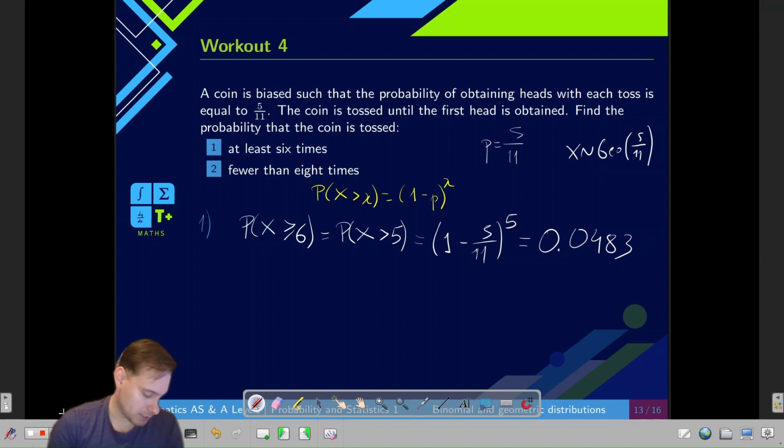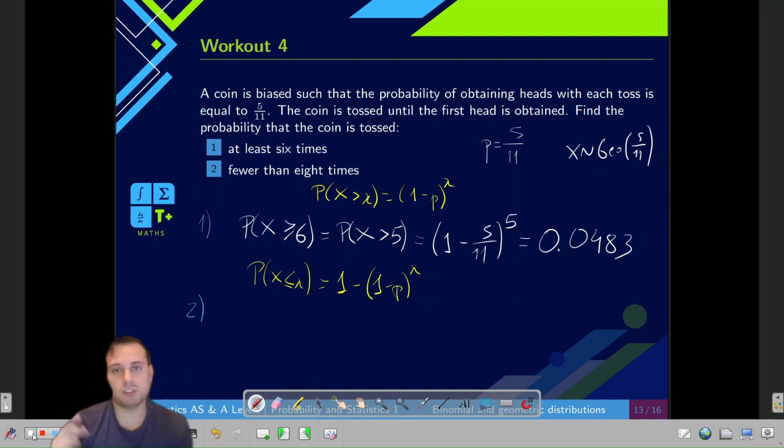Then what happens with the second exercise? For the second exercise, again, we're going to be using the other rule, that the probability that x is less or equal than a lowercase x is 1 minus (1 minus p) raised to the power of x. And in this case, what we want is that the coin is tossed less than 8 times.